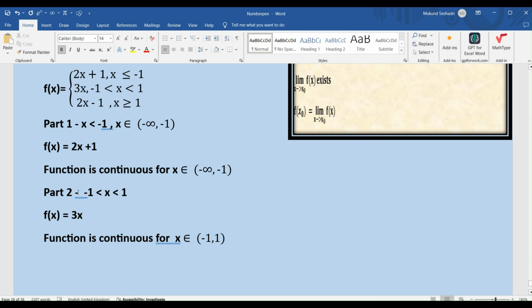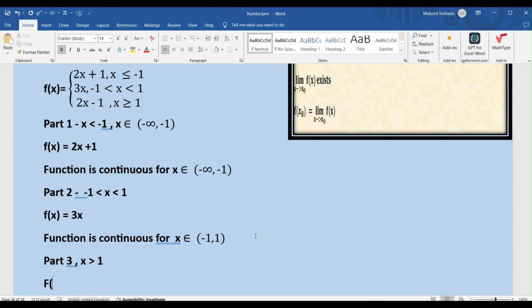They are pretty simple and straightforward. So with that, we know that the function is continuous for x belonging to the open interval minus 1 to plus 1.